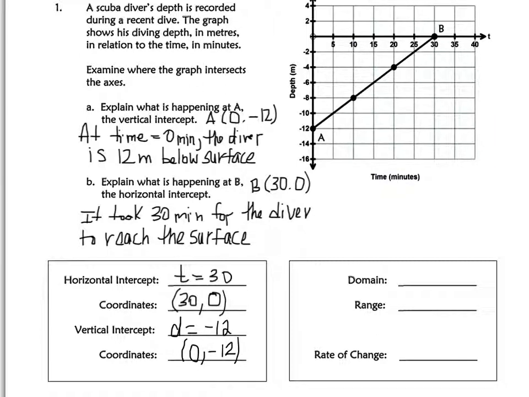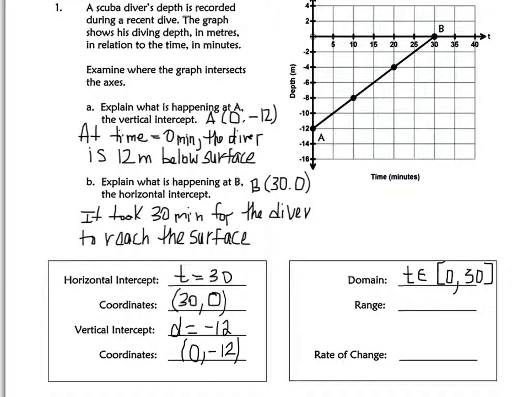And the domain, again, we'll just use interval notation just to practice that, because this is continuous data. So the lowest time would be 0. So time belongs to, lowest time would be 0, which is included. And the highest time is 30, it stops at 30 minutes, and that would be included.